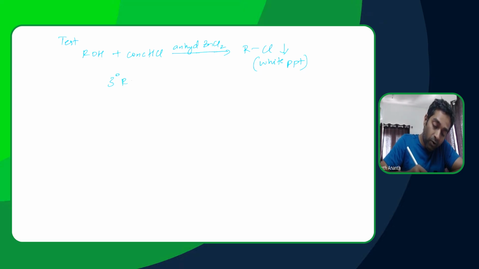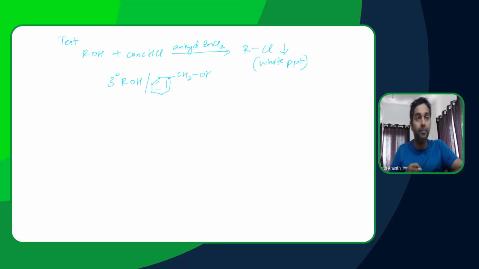So 3 degree ROH or benzyl ROH basically give immediate white precipitate or immediate turbidity.